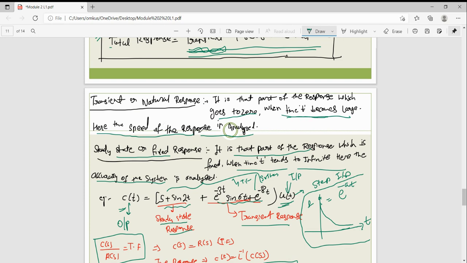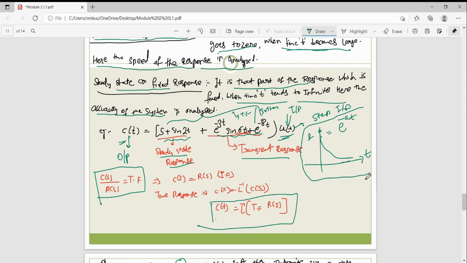Here the speed of the response is analyzed, meaning it helps to find how fast your system is. Now the steady state response gives the accuracy of the system, how accurate your system is.